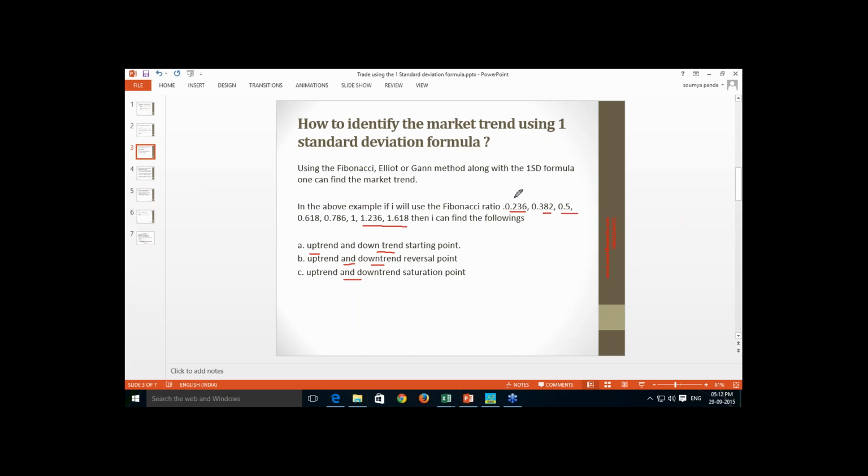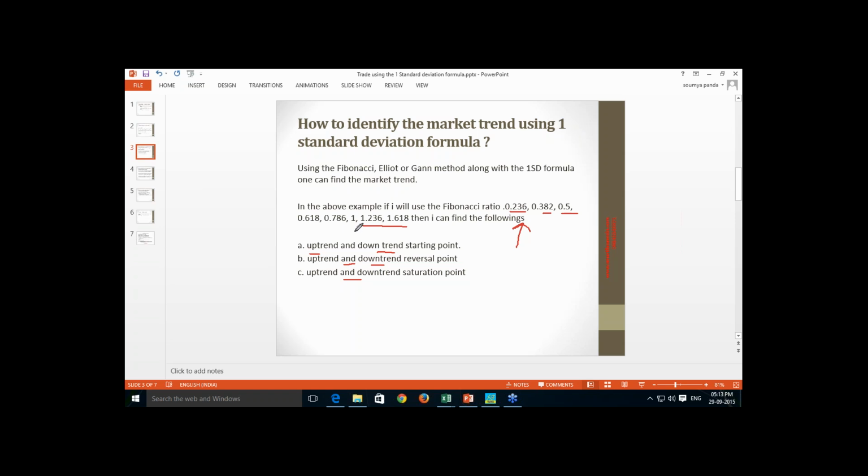From the reference price, once the price moves up to the extent of 0.236 retracement, calculated from a price range which we have calculated using the one standard deviation formula, we can say it is an uptrend.